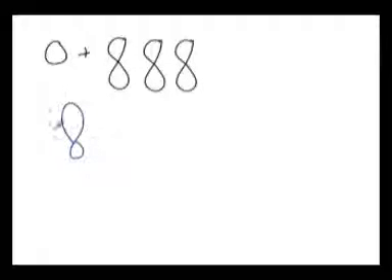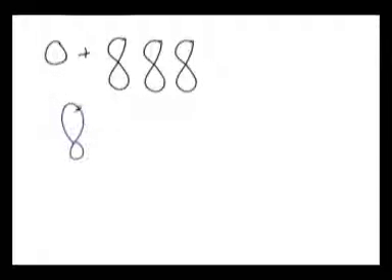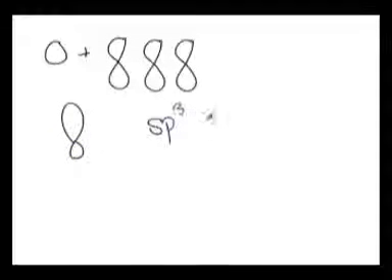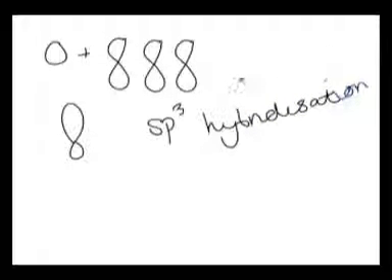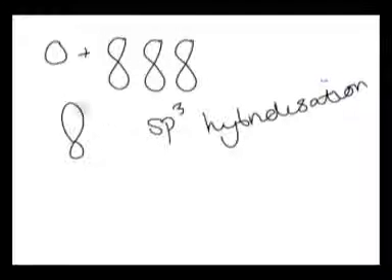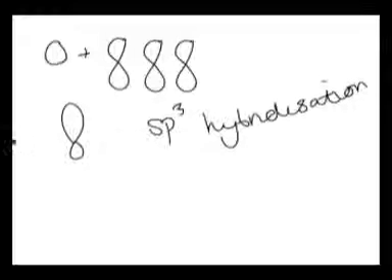So we have 1 large lobe and 1 small lobe, and there are 4 of these, and that is called sp3 hybridization, and it happens to decrease electron repulsion. So the electron density is in the large lobe, and that's the bit that does the bonding.